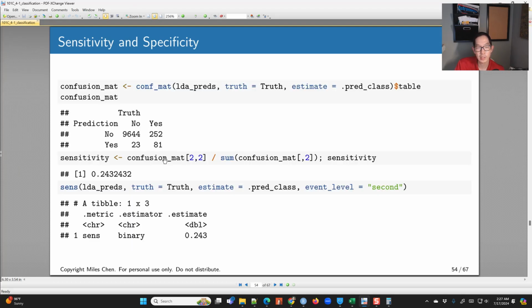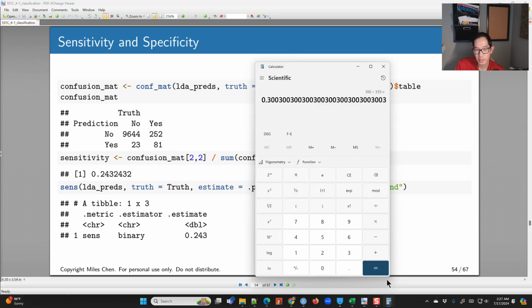So our sensitivity, not so great, because we only identified 81 out of 333. There were a total of 333 people who truly did default, and we only identified 81 of them. 81 divided by 333, so our sensitivity is only around 0.243.